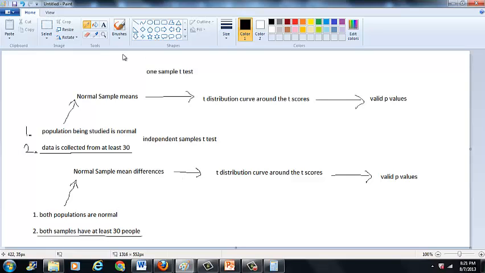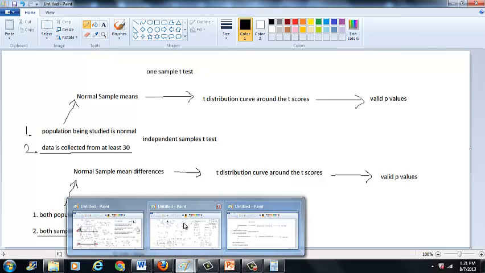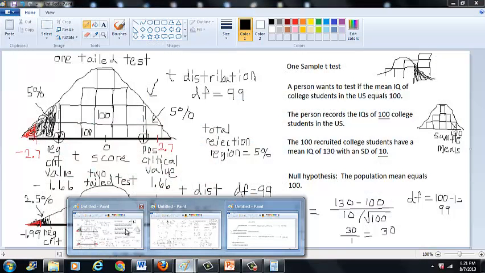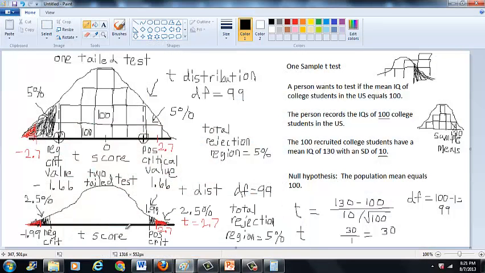And I think that's enough for this video. I have some other videos that go into more detail about the distributions I've talked about. Basically, in these two types of t-tests, you have two types of distributions that are important. The distribution of possible sample means and the distribution of possible t-scores.